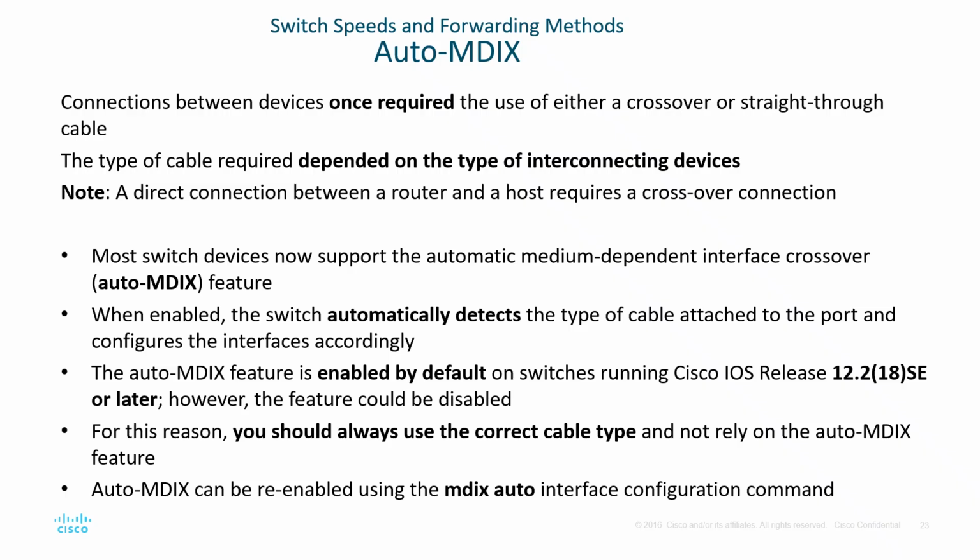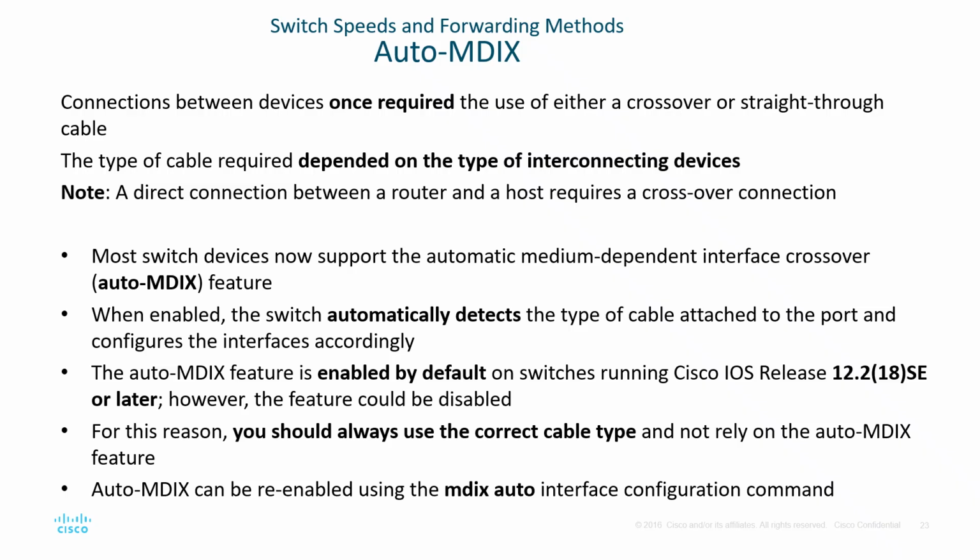Most switch devices today will support the automatic medium-dependent interface crossover feature, auto MDIX. When this is enabled, your switch will automatically detect the type of cable attached to the ports and configure the interfaces accordingly. The auto MDIX feature is enabled by default on switches running IOS 12.2 and above.